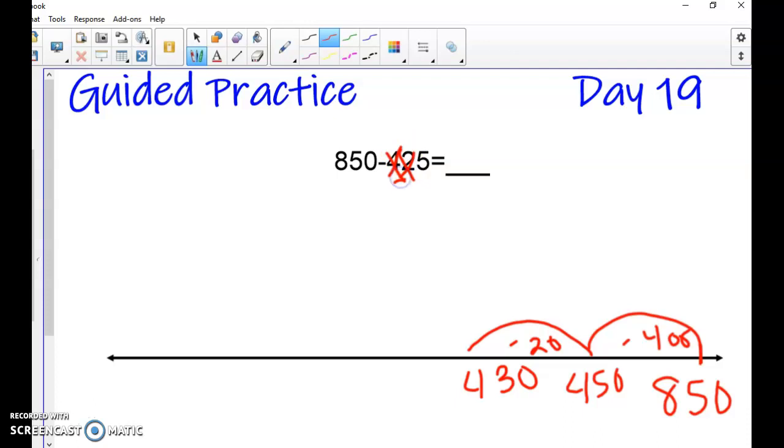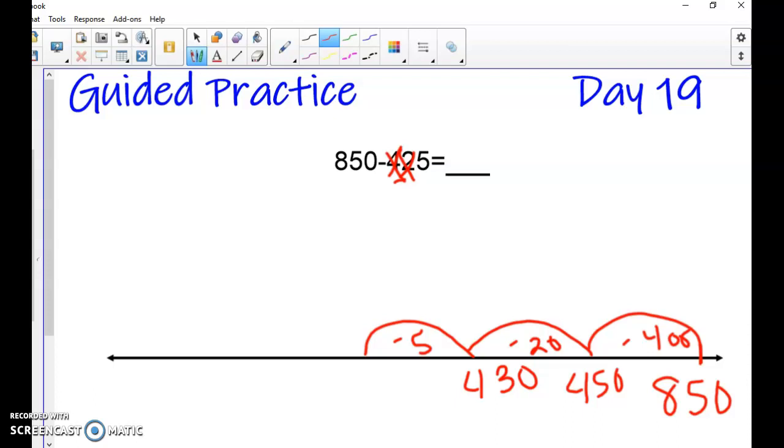Now I need to take away 5 ones. You can either do it in one big jump or you can do it in small jumps of 1. I'm going to do it in one jump of 5. So 430 minus 5. What is 30 minus 5? 30 minus 5 is 25.